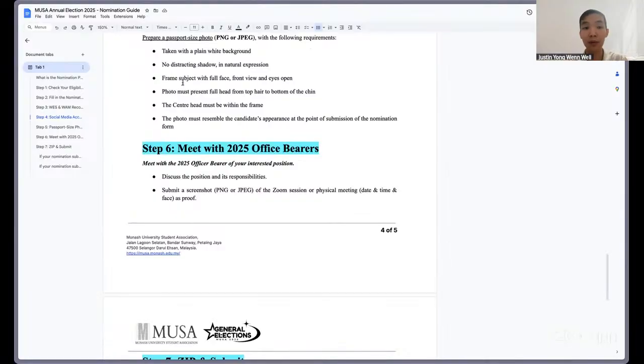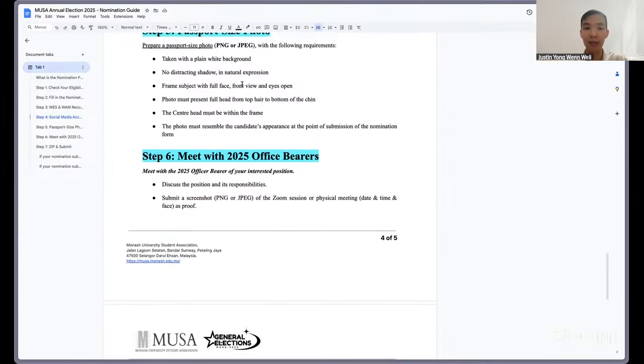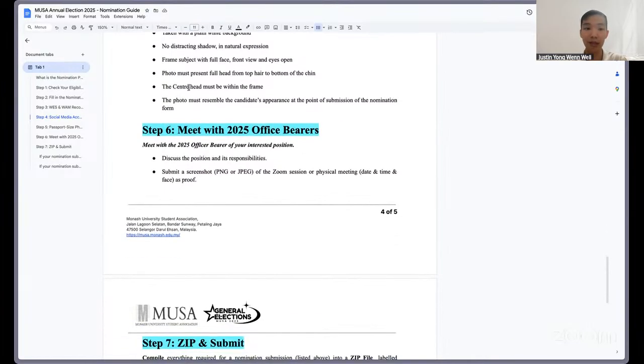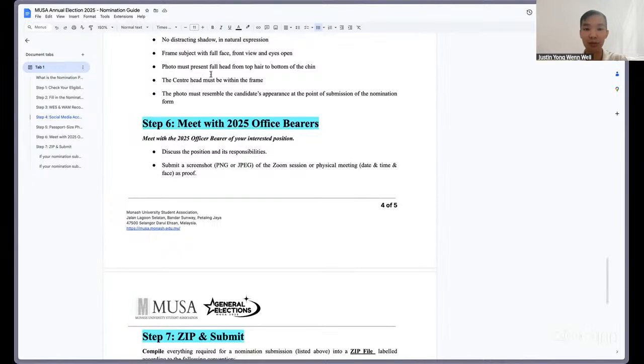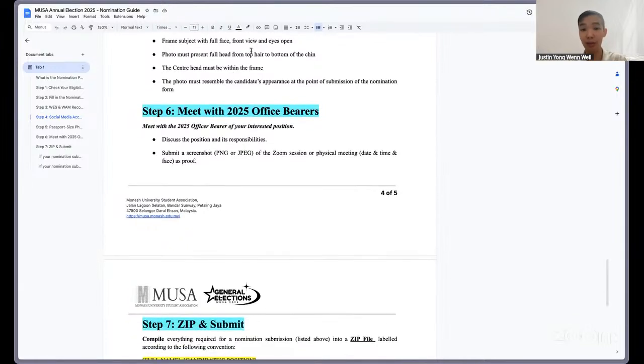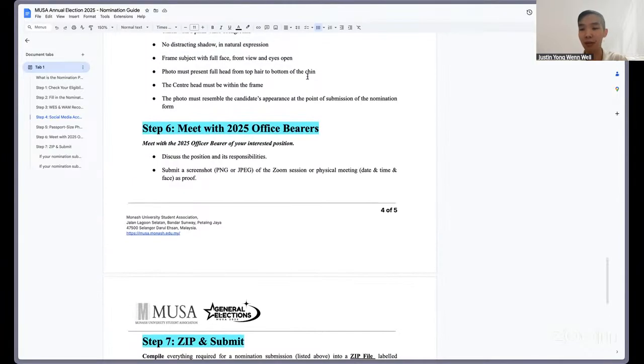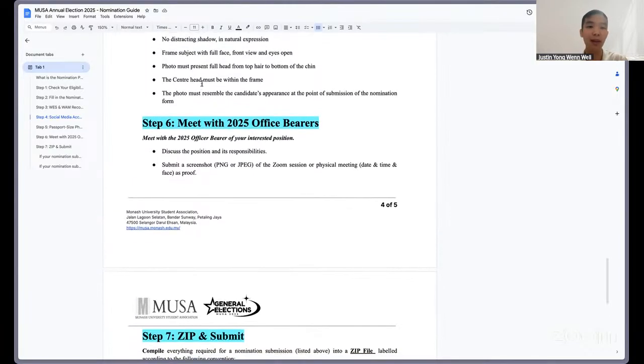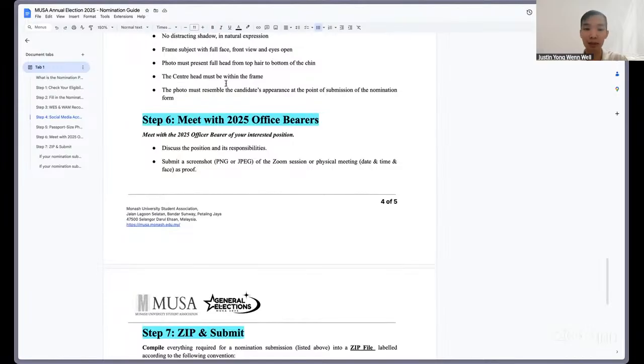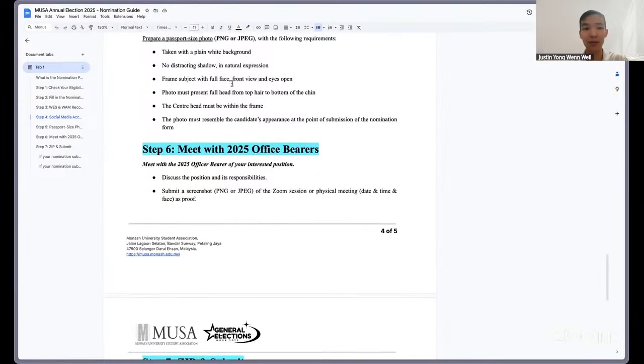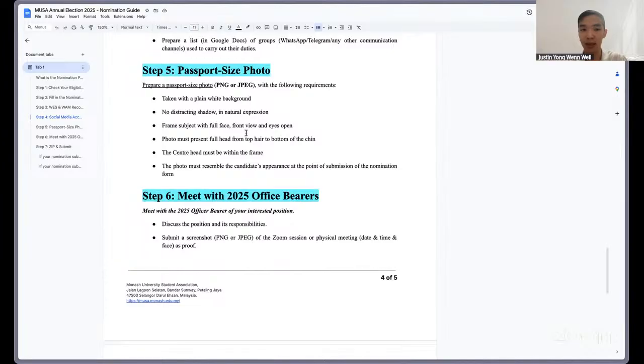And like most passport photos, try to have your full face in the frame, front facing, and be able to see the entirety of your face. So the photo also must be from top of the hair to bottom of the chin. So, to reiterate again, none of your face should be covered. And then try to center your head within the frame. So I think this one is quite a standard passport type photo.